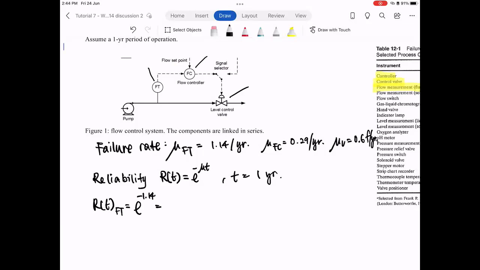Does anyone have the answer? If not, I need to pull out my calculator. Exponential of negative 1.14.